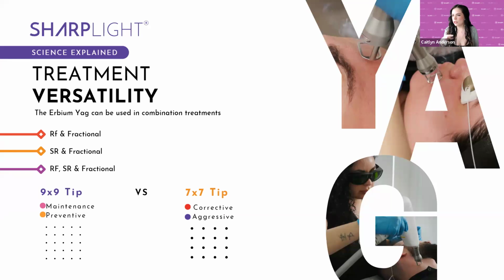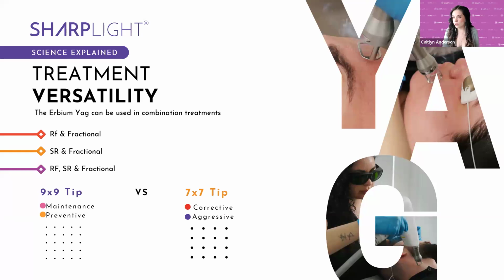You won't see too much correctiveness. You'll see some improvements, but because of the lower intensity of the controlled wounds, there's less heat, so you're getting a little less overall improvement. If you're dealing with more complicated, further-along aging processes or issues, you need something a little more aggressive, which is why the 7x7 is here. 7x7 creates a larger wound.